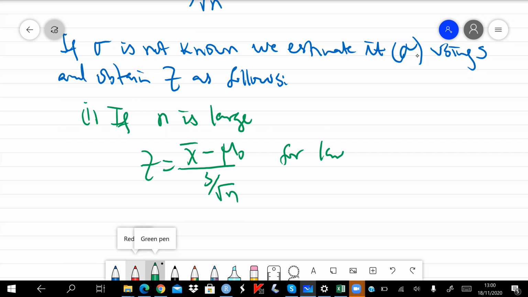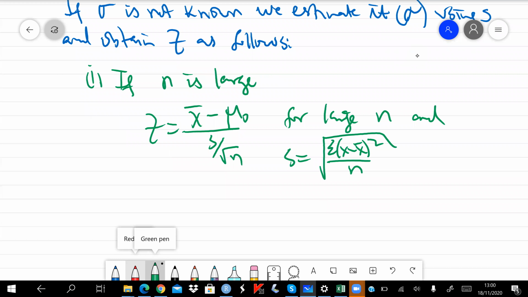This is for large n, and S is defined as the summation of x minus x bar squared over n. When n is large, that is how you estimate the standard deviation.